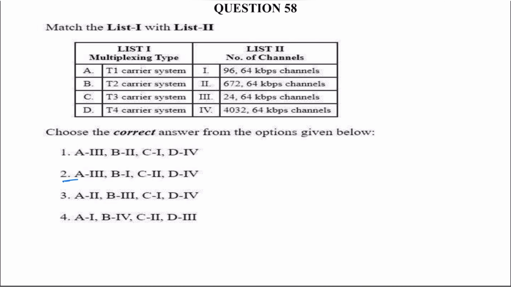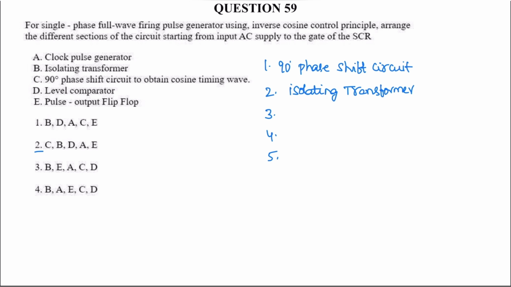Next question. For a single phase full wave firing pulse generator, using inverse cosine control principle, arrange the different sections of the circuit starting from AC input supply to the SCR gate.